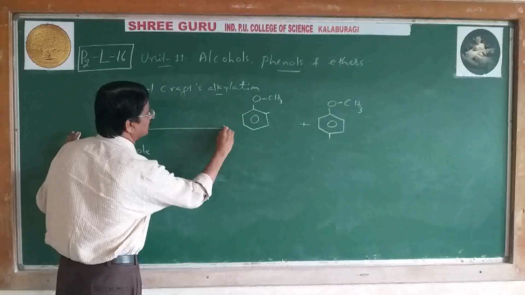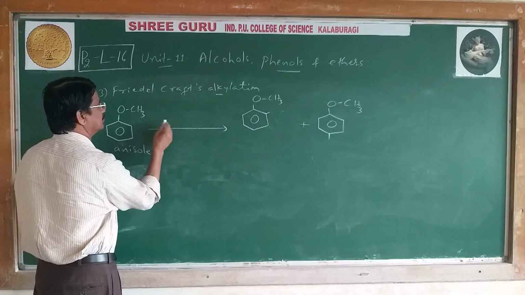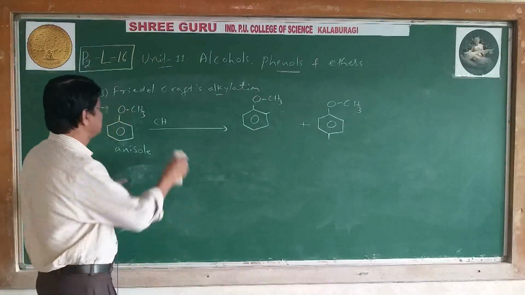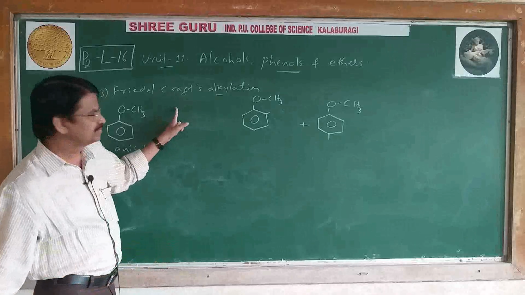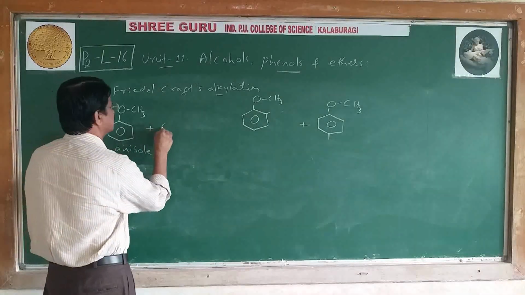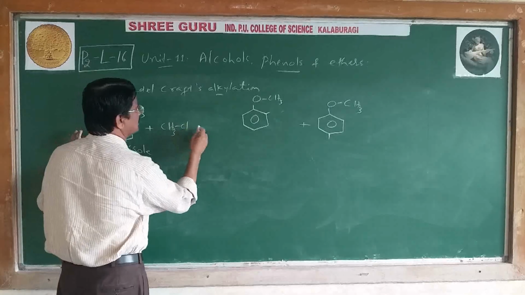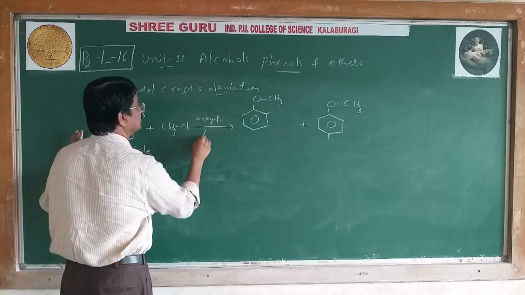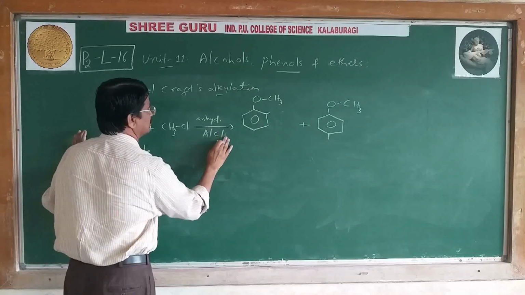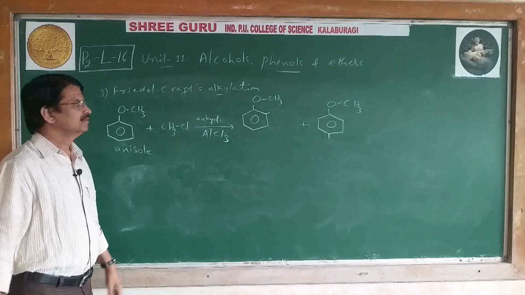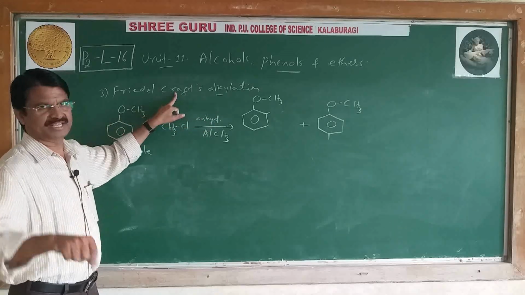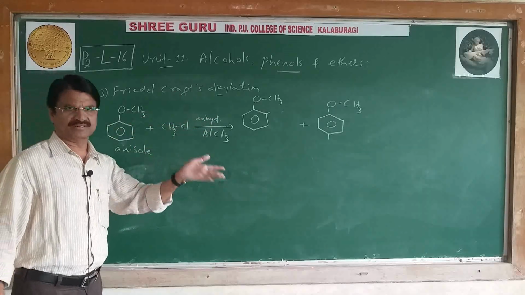Now, CH3COCl or CH3Cl in alkylation plus CH3Cl, anhydrous AlCl3. Anhydrous aluminum chloride is a catalyst used in the Friedel-Crafts reaction, with the mechanism you studied in first year.